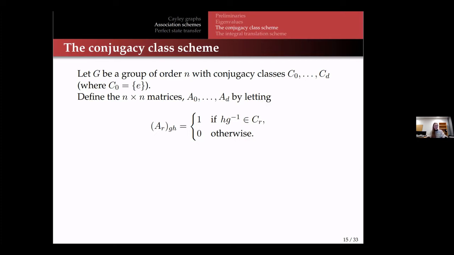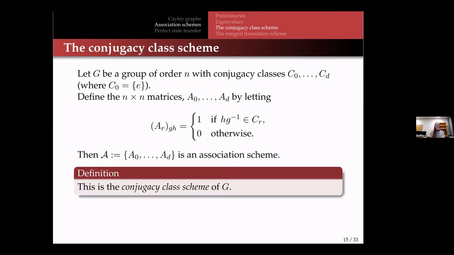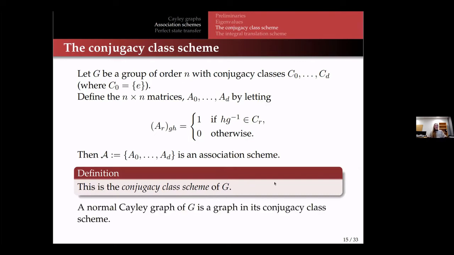Now, no surprises here. This is actually an association scheme, and we call it the conjugacy class scheme of G. So the graphs in this scheme are going to be normal Cayley graphs for G. And also any normal Cayley graph of G is a graph in this conjugacy class scheme.